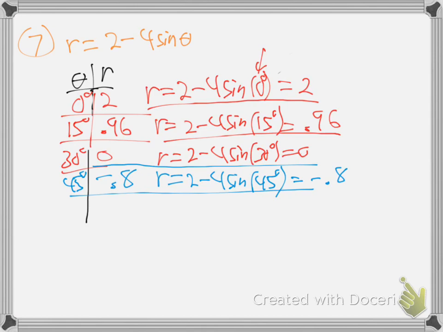Y'all getting that? Now, what's a negative R mean? Backfire. Right? You aim the cannon and boom. That happens in history, right? They didn't bolt those things down very good. They would kill the cannon shooter. So the cannonball backfires 0.8 when you're aimed at 45 degrees.